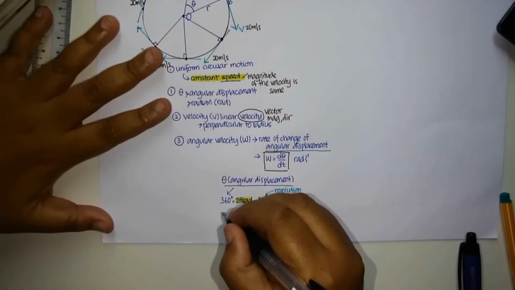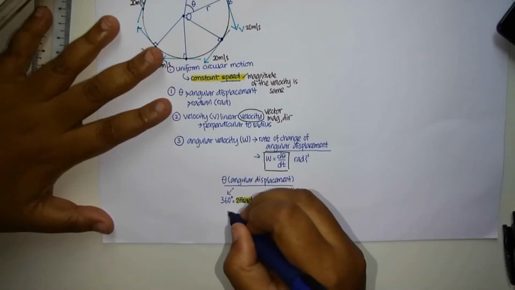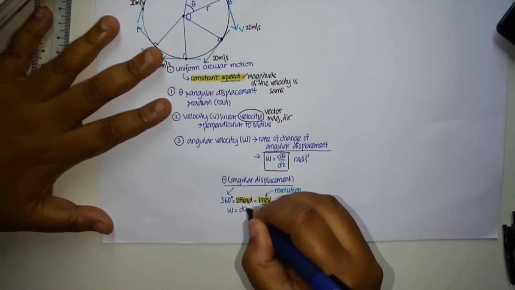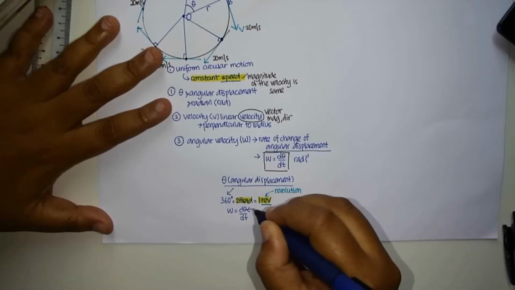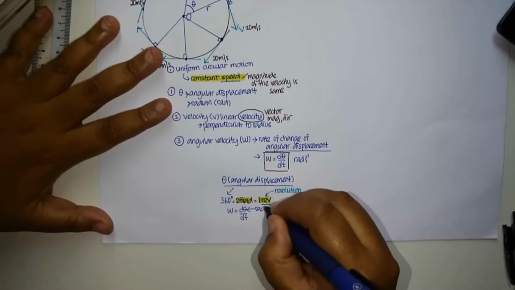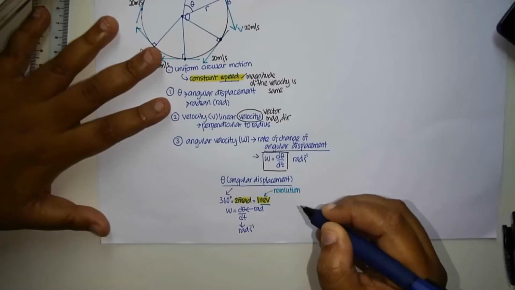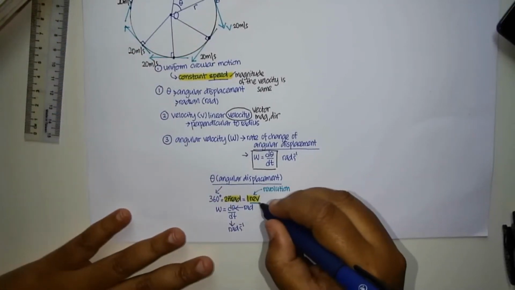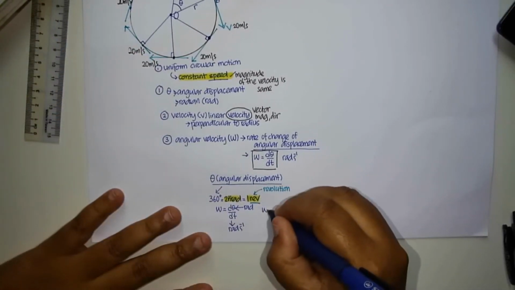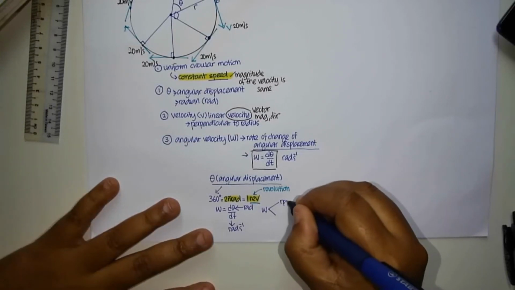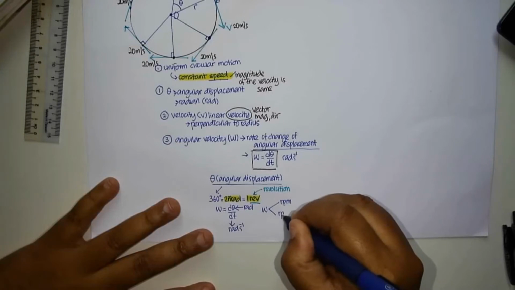Since omega is angular velocity, omega is d theta over dt. If theta is in radian, the unit is radian per second. But if theta is in rev, omega can have 2 units.